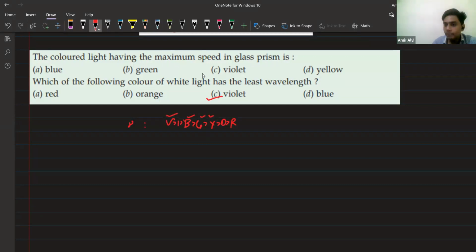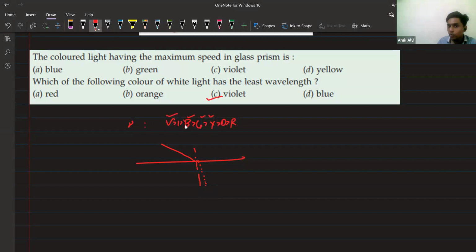Maximum speed means the light will deviate the least, because deviation occurs in refraction. The color which deviates the most towards the normal will have the least speed, and the light which deviates least will have the highest speed.